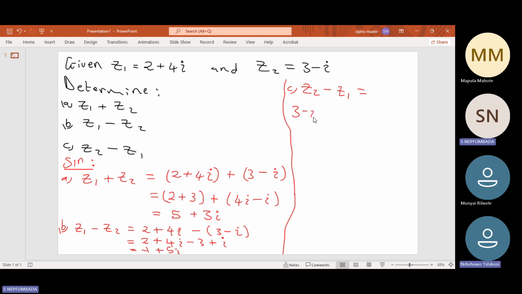For C, this is 3 minus i minus what? We've got 2 plus 4i, so we have 3 minus i minus 2 minus 4i. Then this is equal to 1 minus 5i. Is that so?